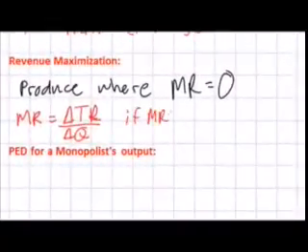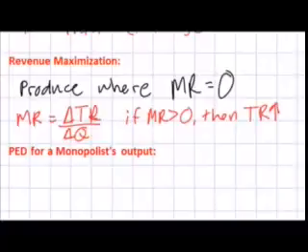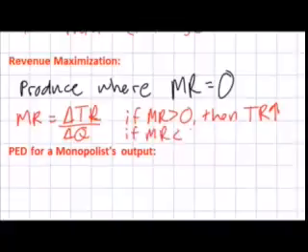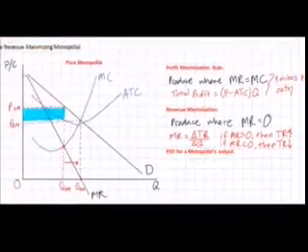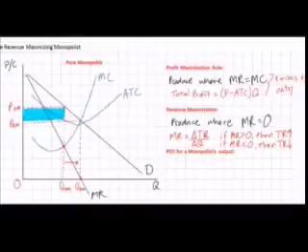If marginal revenue is greater than 0, then total revenue is increasing because marginal revenue is the change in total revenue. However, if marginal revenue is less than 0, then total revenue is decreasing. In other words, if the firm continued to produce beyond QRM, its marginal revenue would become negative in fact. Beyond QRM, total revenue is falling.